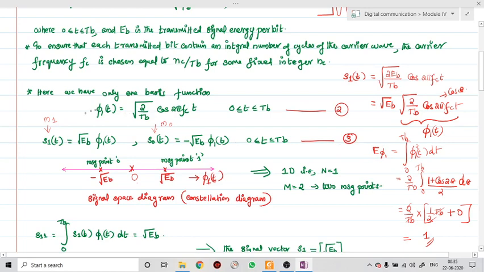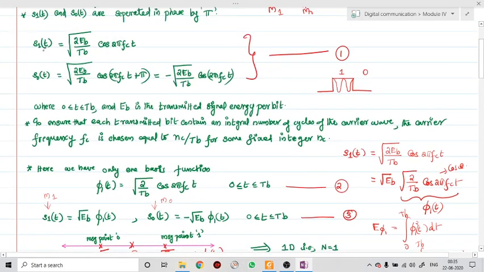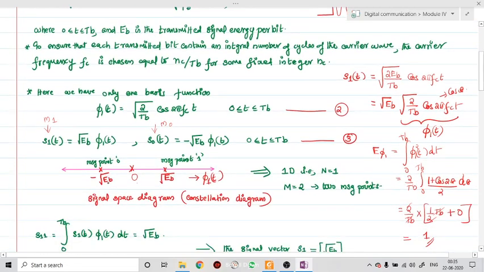This means to represent these two signals, S1 and S0, in signal space, I need only one basis function, which is phi 1 equal to root 2 by Tb cos 2 pi Fc t, where the coefficient S11 is root Eb and S01 is minus root Eb. So what is the coefficient?